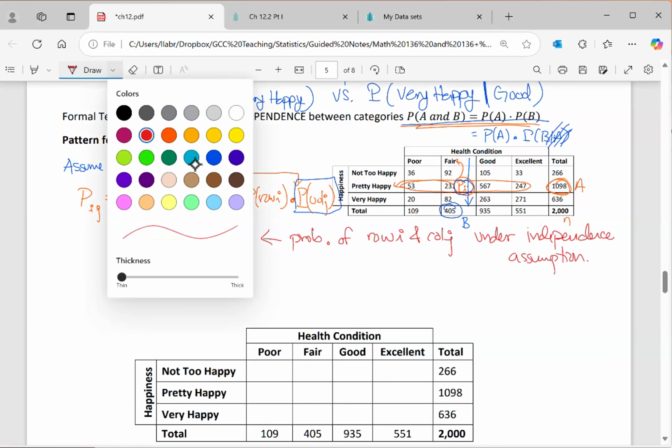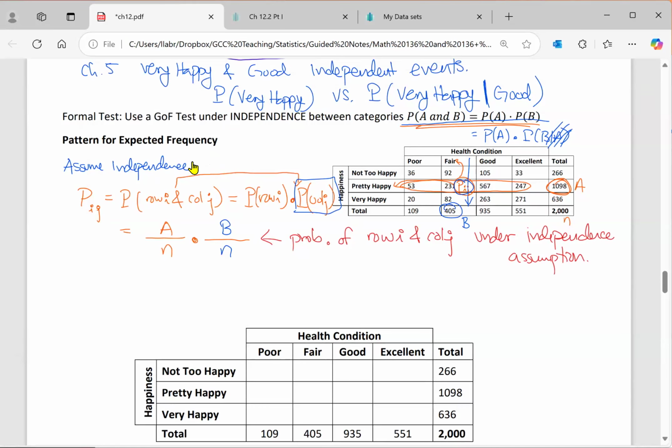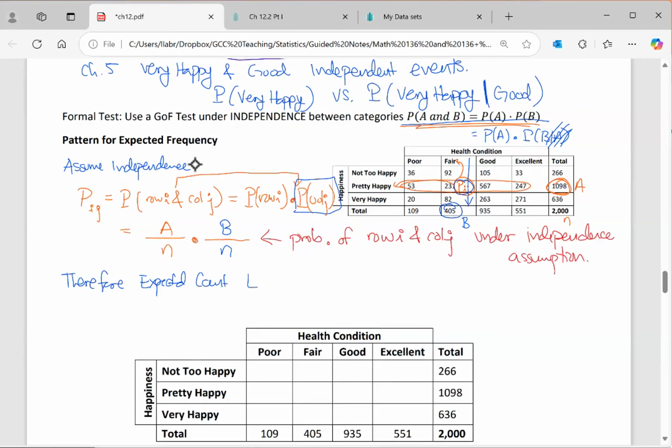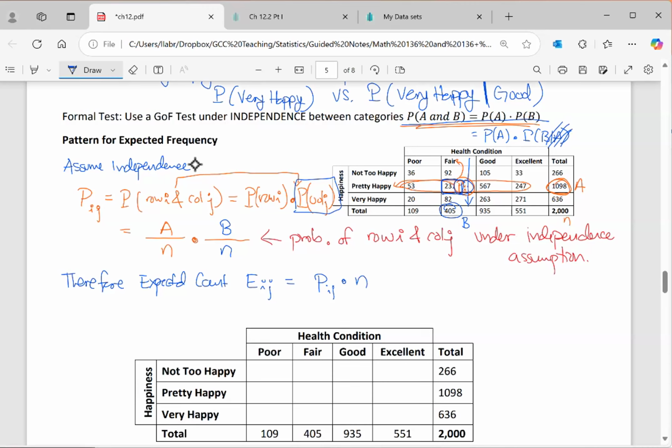I'm going to say, well, if I already know the probability, then I can find, therefore, the expected count E_ij. So how many individuals do I actually expect to observe here under independence is equal to, remember, the probability times N. You just multiply those.